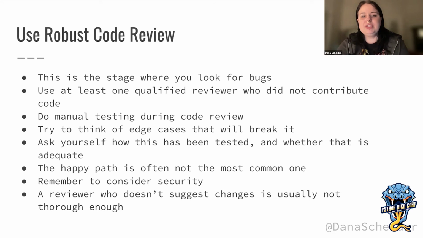You need to do manual testing during code review. And reviewers should be thinking carefully about what edge cases will break things. If you enter a negative number in this field, will it break? If you enter 0 in this field, will it break? If you enter a number larger than a 32-bit integer, will it break? Those kind of things.